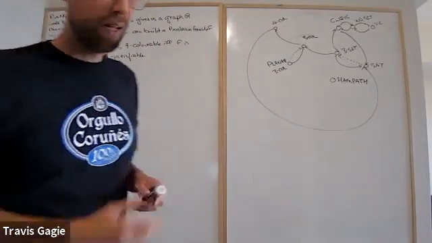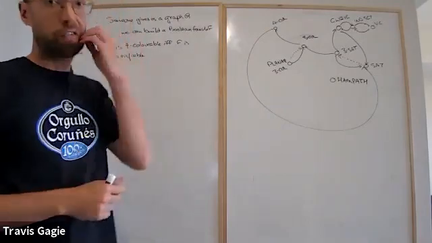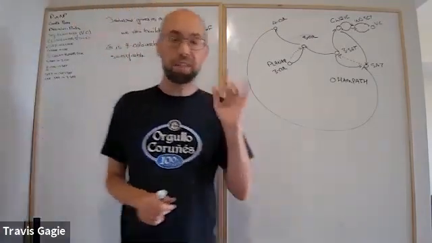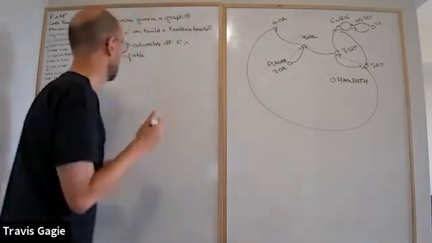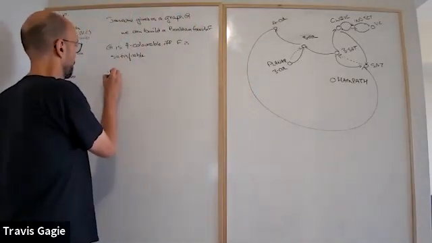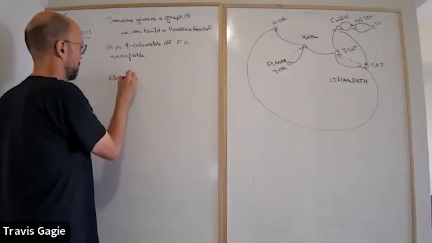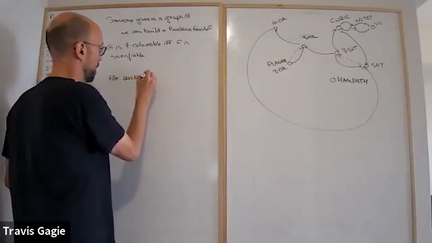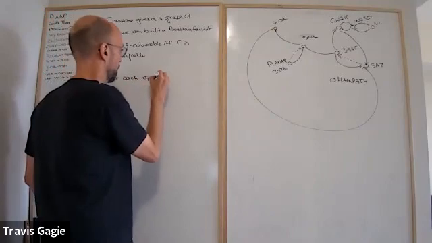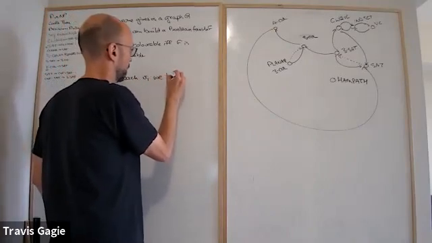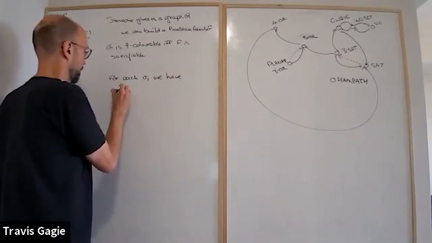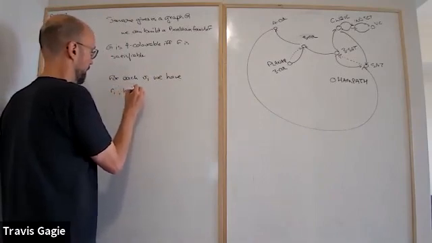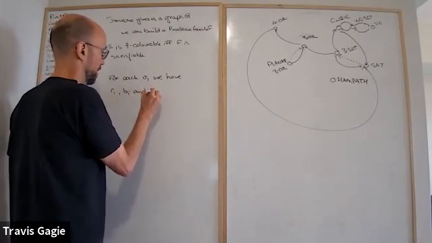So what do you do? Now for each vertex, you have 4 indicator variables. So for each vertex i, we have, let's say, Ri, Bi, and Gi.